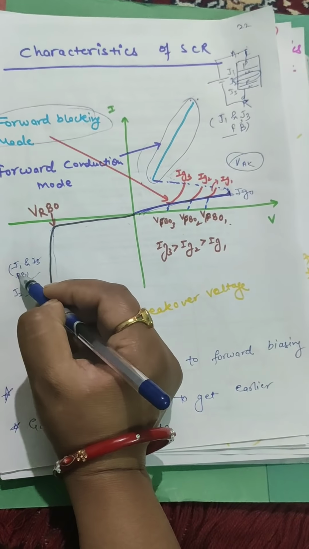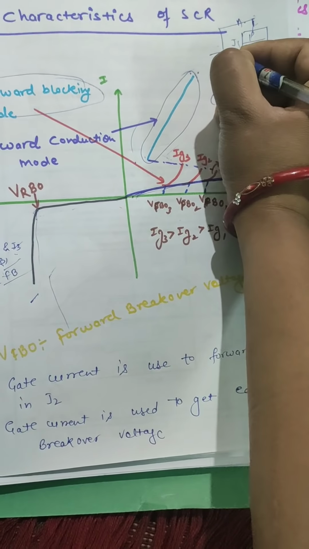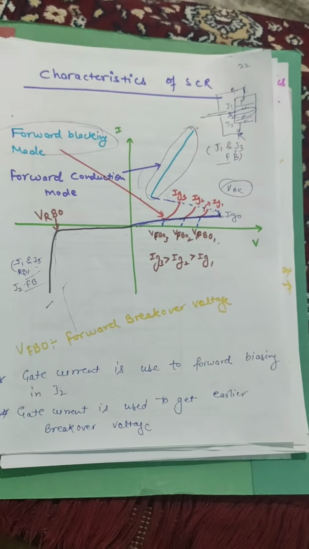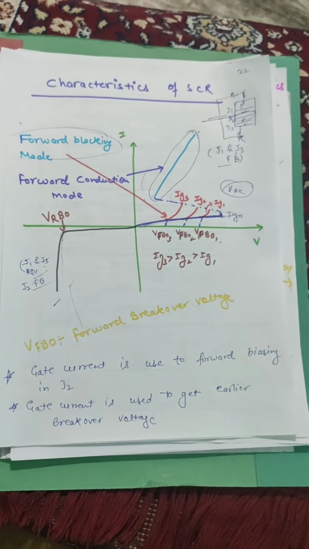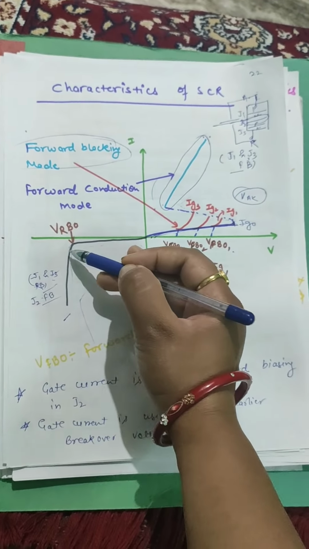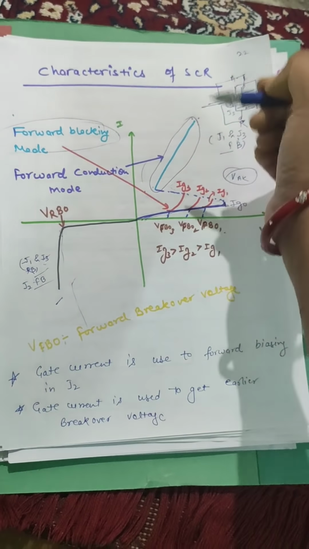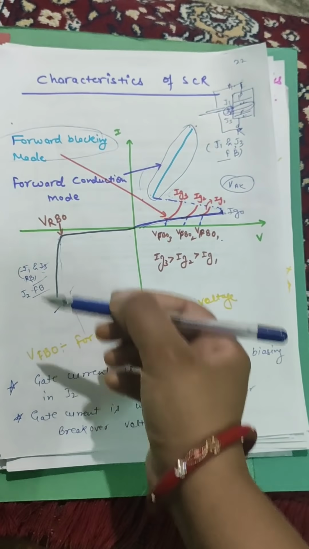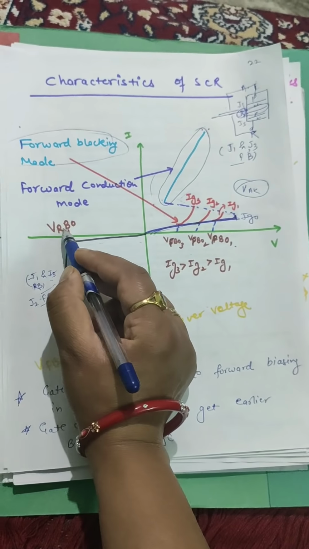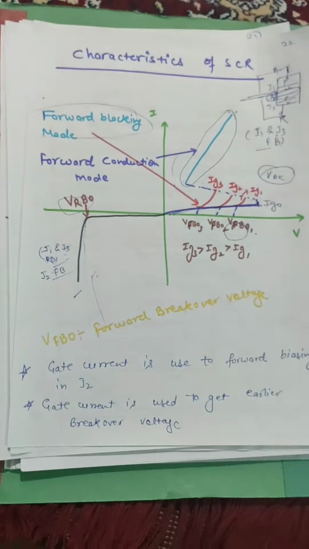After the breakdown of J2, sudden current will flow. That is called reverse breakdown, RBO, and FBO is forward breakdown.